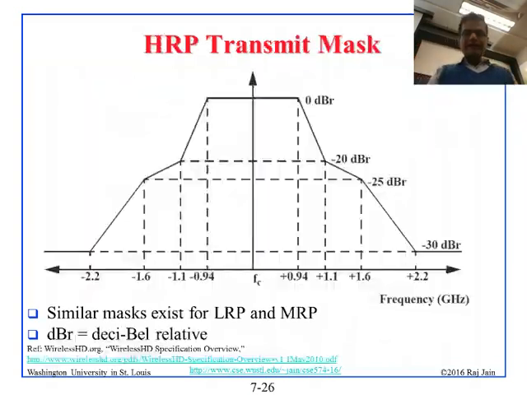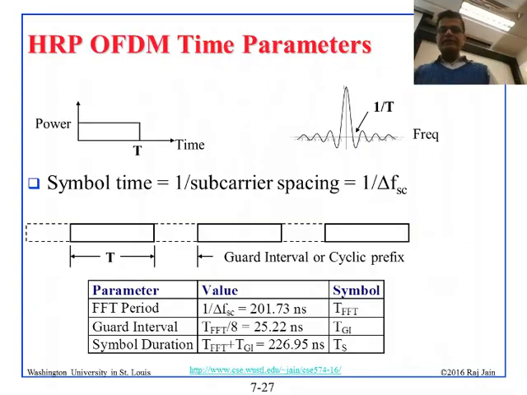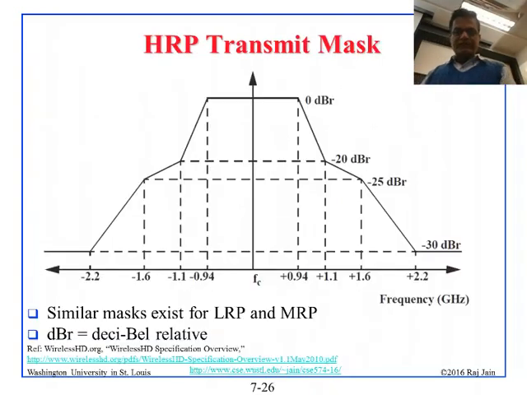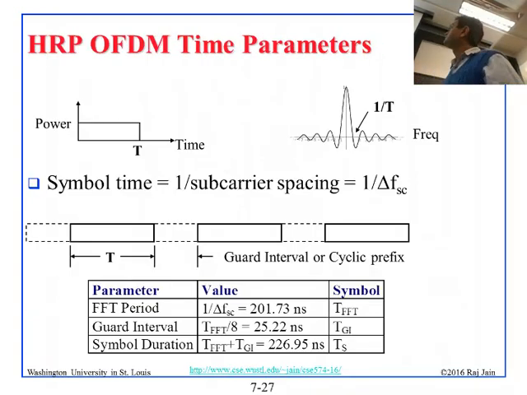Actually, I might have a picture. I tried to draw a picture. Right here is the picture, which explains that. So let me explain this. The subcarrier, even though we show it as an impulse, is not an impulse. It's a square wave.